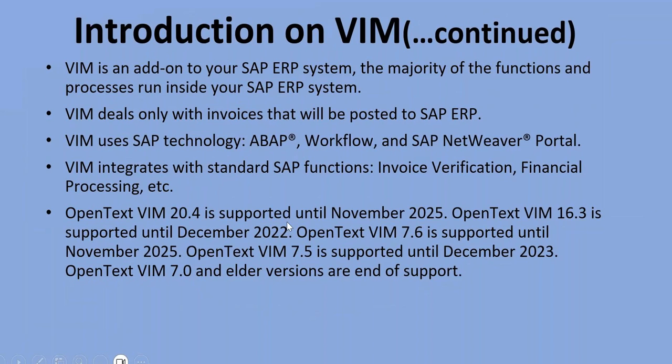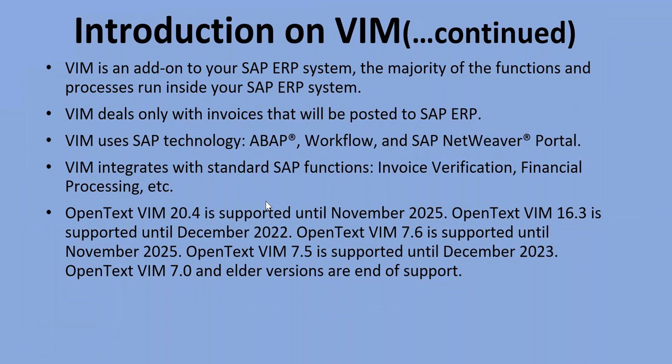The other thing is, Vim is an add-on tool to the SAP ERP system, and the majority of the functions will run inside the SAP system itself. You might have a doubt about where exactly Vim comes into the picture.